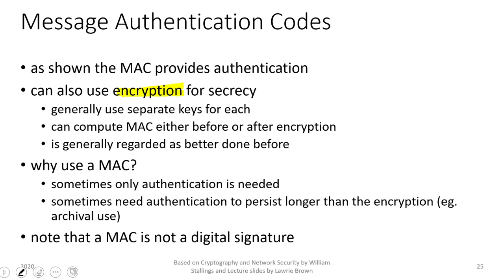And we can compute the message authentication code before encryption or after encryption. We have looked at some of these examples before as well, and it is generally regarded that we calculate the MAC first and then do an overall encryption.